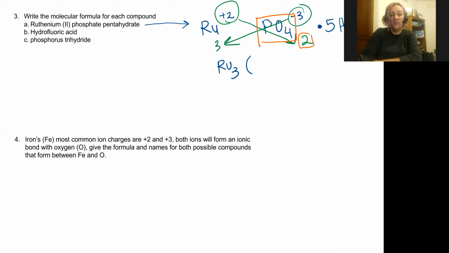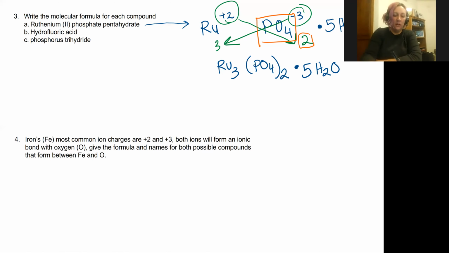It's 2 of these entire units, not just the oxygen. And if I wrote it without parentheses, it would just tell me I have lots and lots of oxygen and not phosphorus. So I'll put in my polyatomic ion with that subscript 4 and then an end parentheses and a 2. And that means I have 2 of these PO4 units. Then I have my dot and my 5 co-crystallized waters or hydrates. All right.